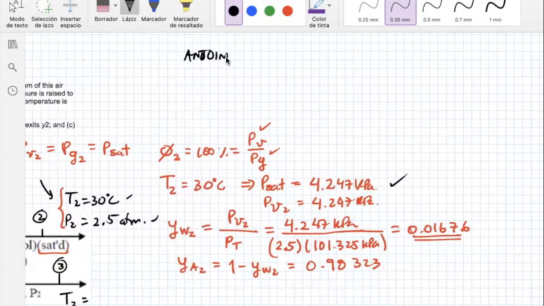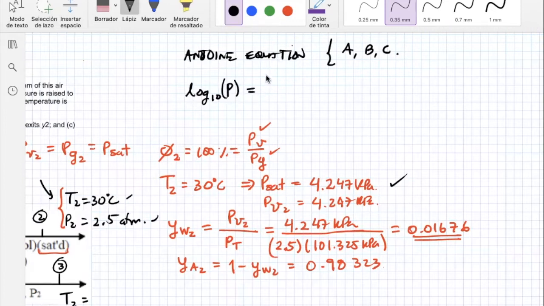The Antoine equation gives you the vapor pressure of almost any substance if you have A, B, and C. The base-10 logarithm of the vapor pressure equals A minus B over T plus C. There are Antoine equations for Kelvin and for degrees Celsius, depending on which A, B, and C you use. But anyway, you need to put in the temperature as we did here.